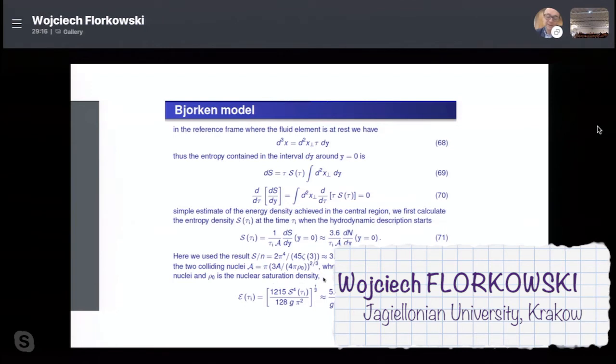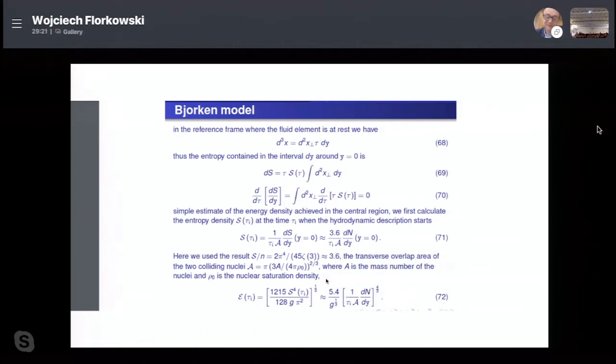suggests that we have a new state of matter, because matter with such large energy density cannot be matter which consists of nucleons, because nucleons overlap. If you have such large energy density, it's not written here, but it is something like 5 GeV per Fermi cubed. So this energy density cannot be realized by nucleons. We would have to pack them so densely that they overlap.